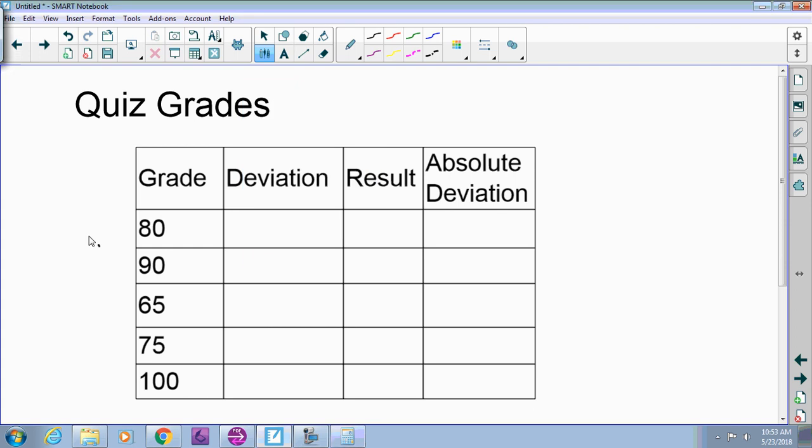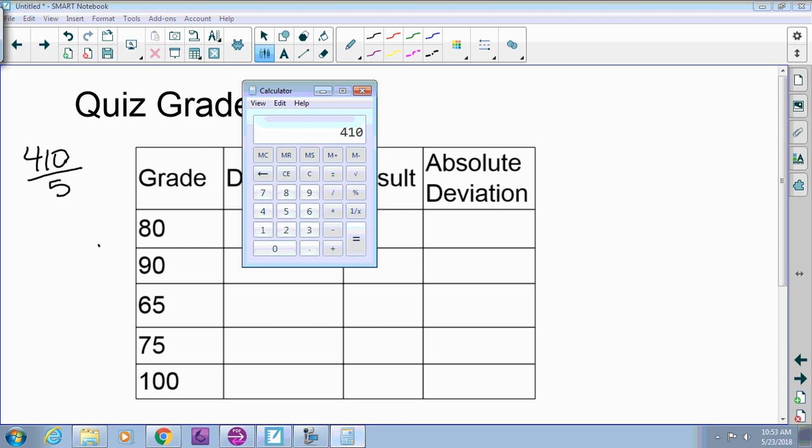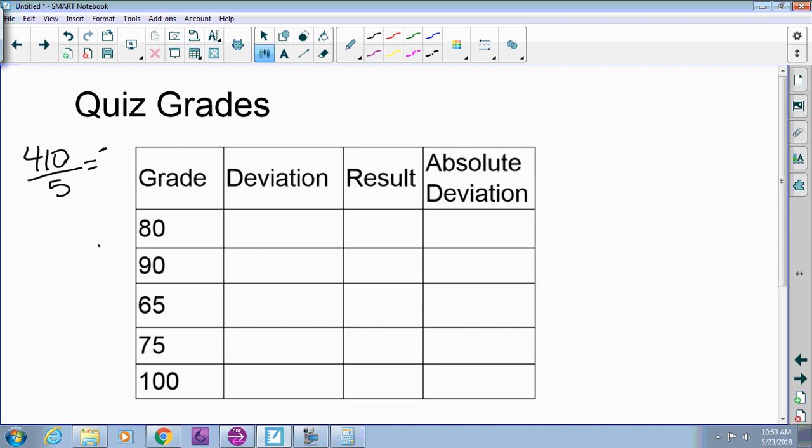Then 410 divided by 5, because we had 1, 2, 3, 4, 5 scores. That means the average score here is an 82. So that's our mean score.